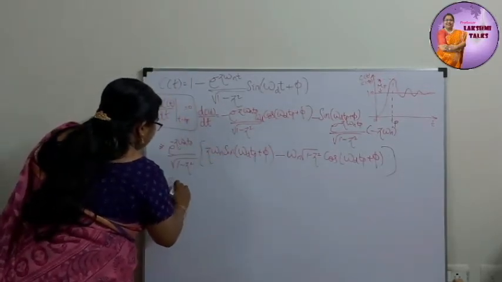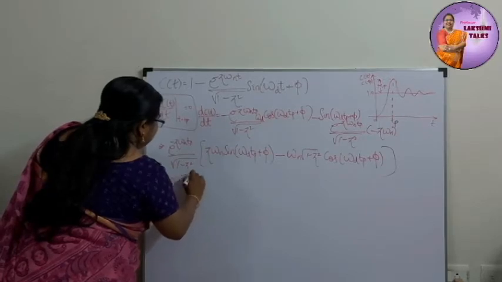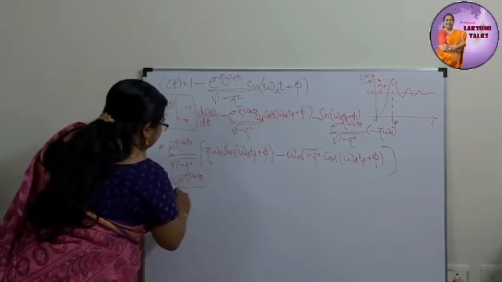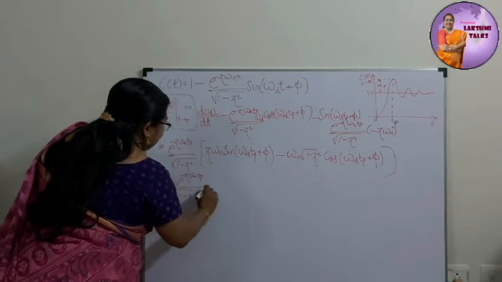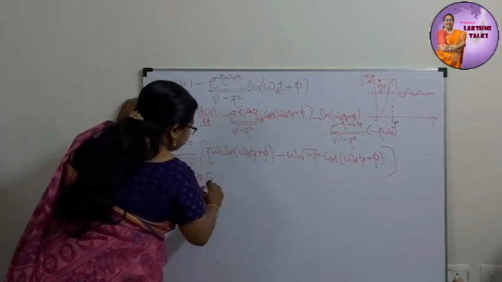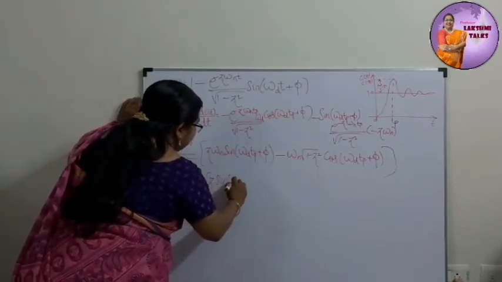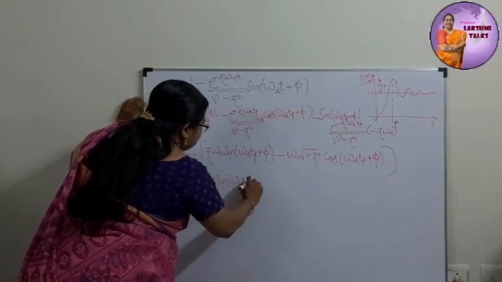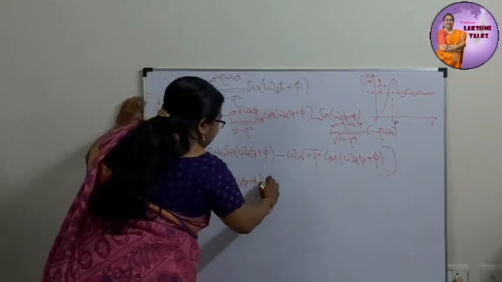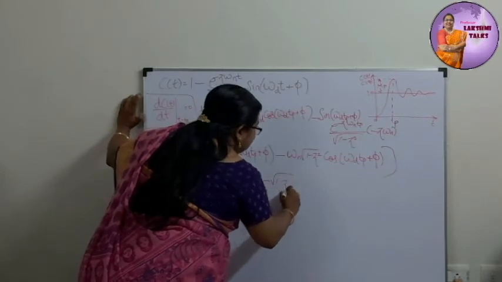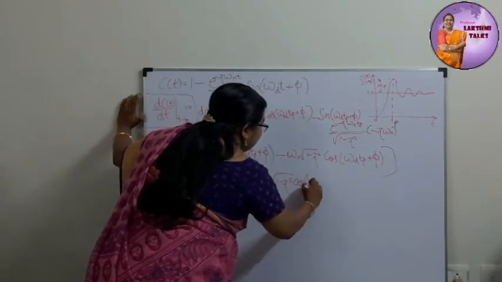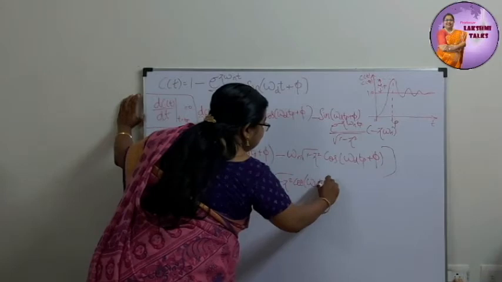So omega n e power minus zeta omega n tp by root of 1 minus zeta square into zeta sine of omega d tp plus phi minus root of 1 minus zeta square cos of omega d tp plus phi, right?